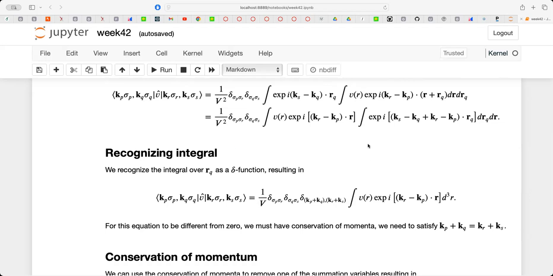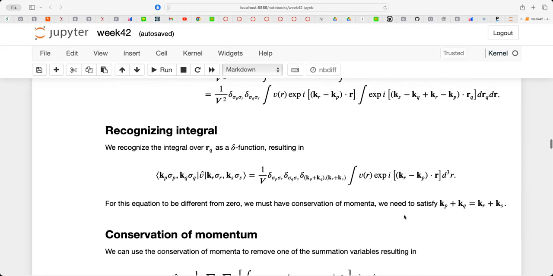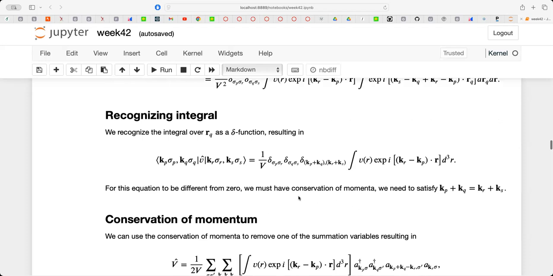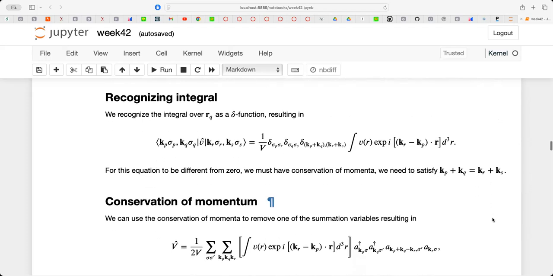Then you can use the properties of the Kronecker deltas defined in terms of these exponentials. And then you can show that this matrix element, as we've been calling them, which is just an integral over two particle degrees of freedom, must have a conservation of momenta. So we need to satisfy this restriction here.